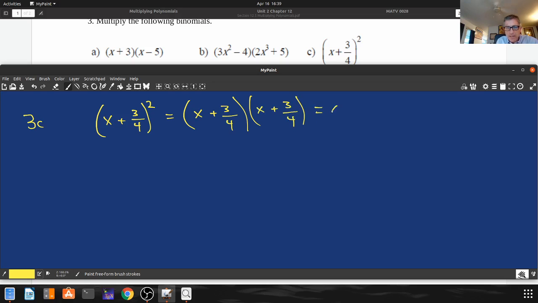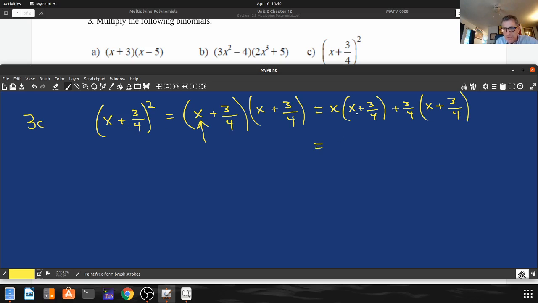So that's going to be x, my first term, times x plus 3/4, plus 3/4 times x plus 3/4. We will actually learn a formula to do this. But you can always do this way.